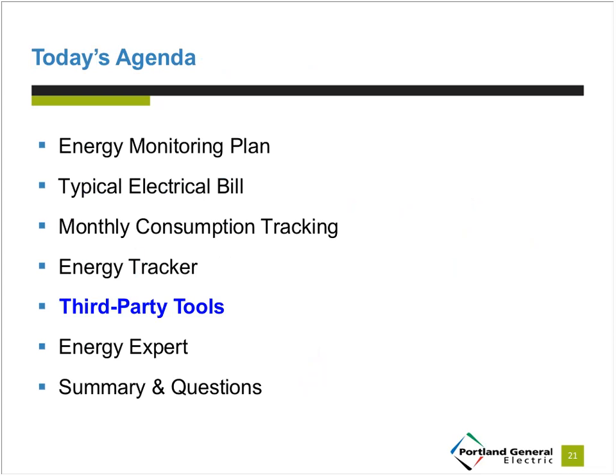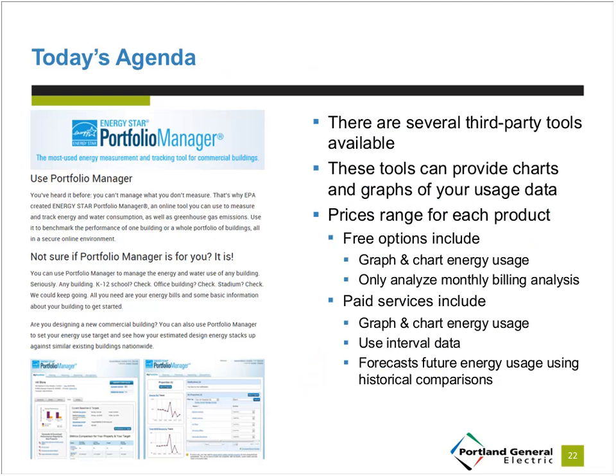There are also third-party tools available where you can either upload that information into this third-party tool, or you can have it automatically uploaded into the third-party tool, and depending on which tool you use determines how you can have that information automatically uploaded. There's several tools out there, and the advantage of the tools is they will automatically create the graphs and charts that you might want to look at to see what your energy usage is like.